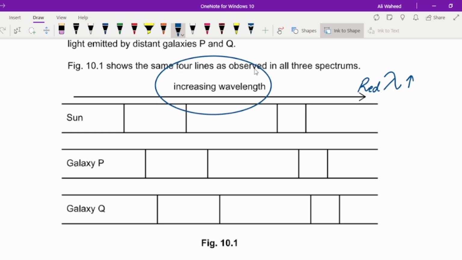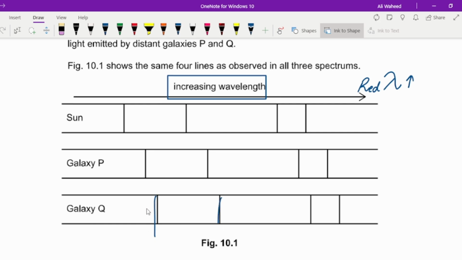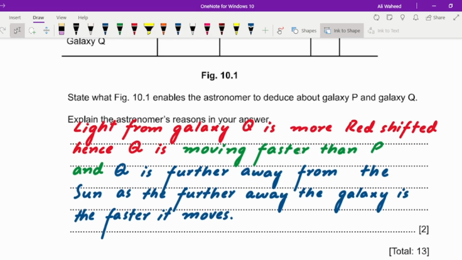The hint is over here, increasing wavelength. So galaxy P is getting redshifted, but the light from galaxy Q is more redshifted because it's more towards the right side.